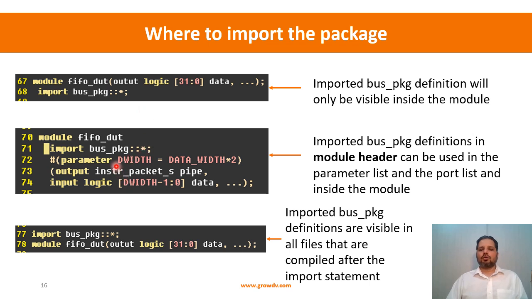Now if I want to use, for example, the parameter called data width that we had declared within the bus package, for parameterizing the module itself, then I need to import this package definition in the module header. That is, you give the module name, and before declaring any parameters or ports, in the module header area, you can import a package there as well.